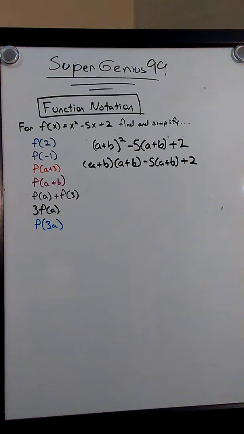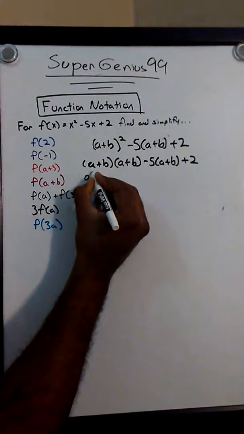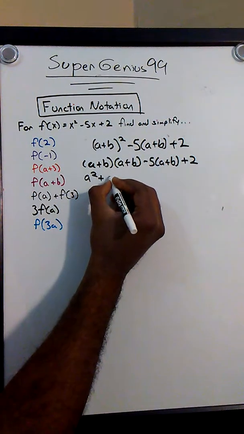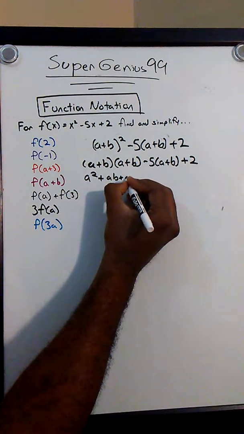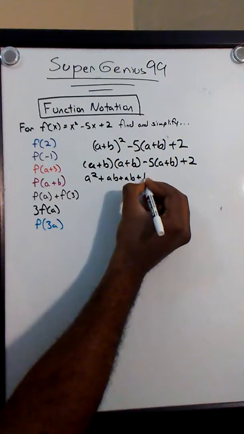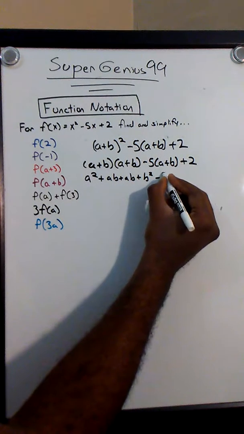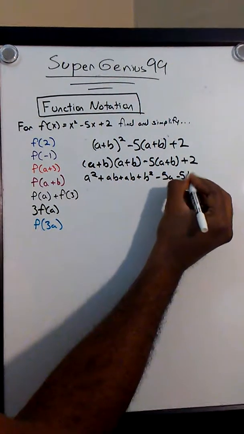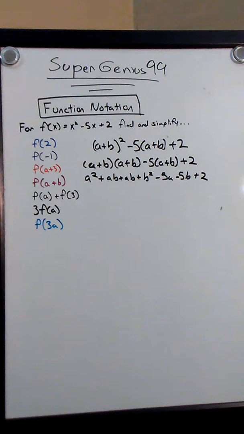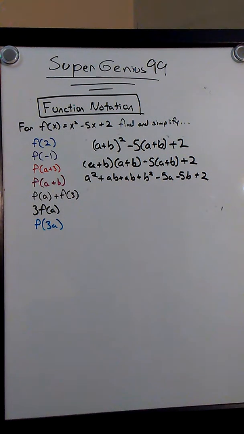So a plus b times a plus b. Okay, combine your like terms. So you got a squared plus ab plus b squared minus 5a minus 5b plus 2.